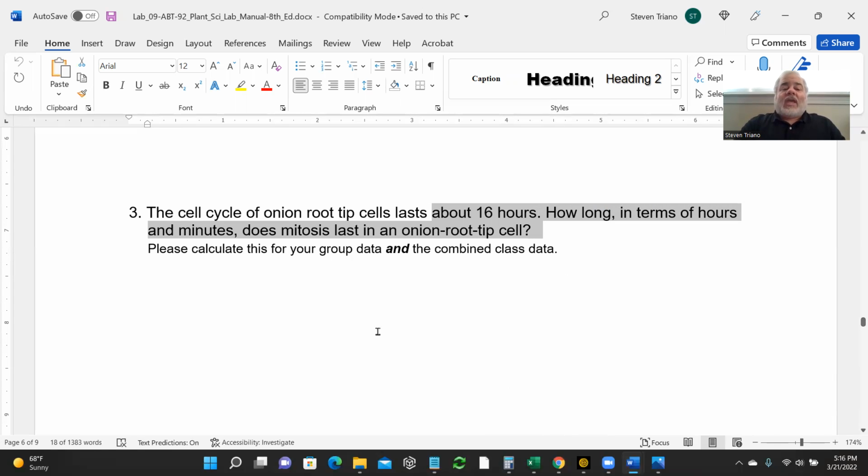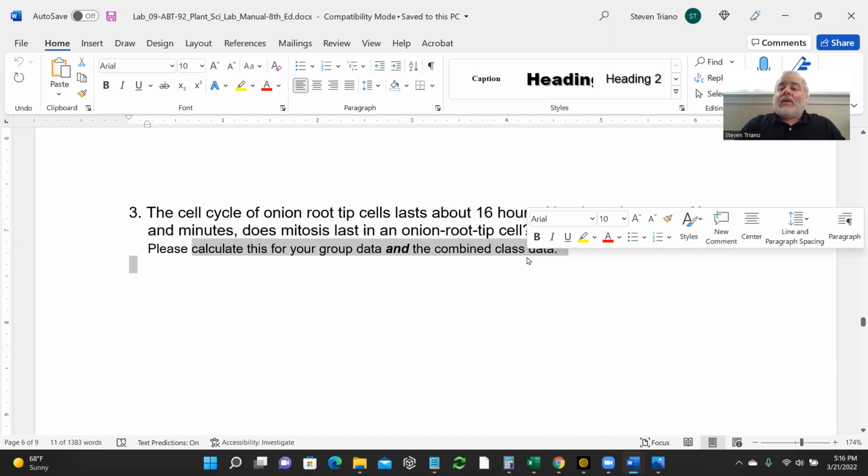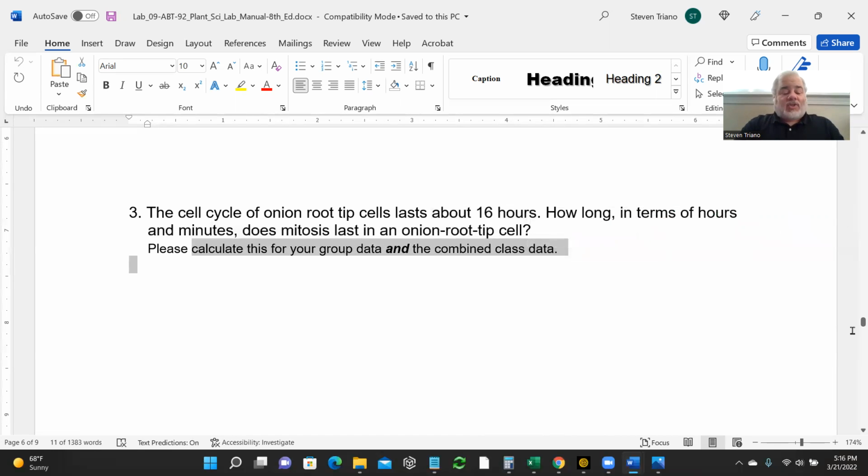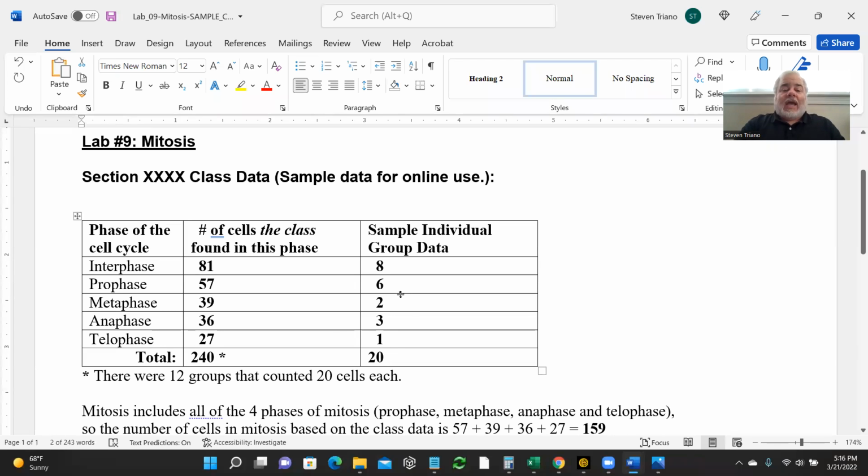Okay, so again, you're going to calculate the time for mitosis based on your data. How much time is it here in your personal group data, versus the entire class data?